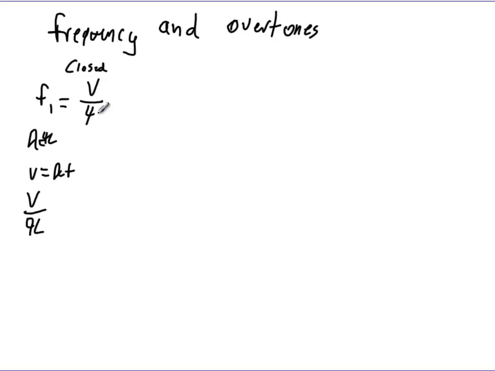From there the length is going to change accordingly. A closed pipe will also resonate on the odds, 4/3, 4/5, 4/7, so we can say f3 for a closed pipe is equal to 3 times f1, and f5 for a closed pipe is equal to 5 times f1.